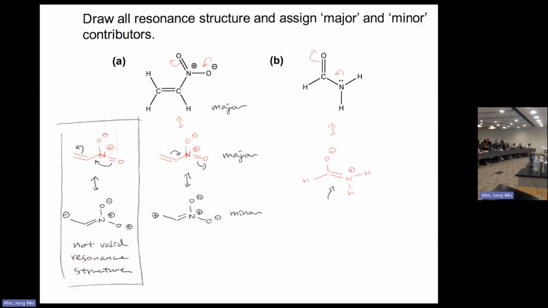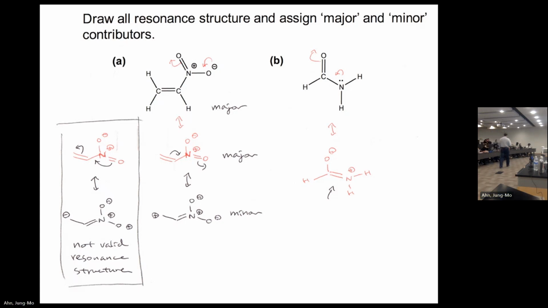The electron pair comes in, making a carbon-nitrogen double bond, which you cannot do alone. This double bond has to go to the oxygen, making the oxygen negatively charged. It's a synchronized movement, but that way you can draw the resonance structure. These resonance structures are much more significant compared to the one we drew from the carbonyl alone.